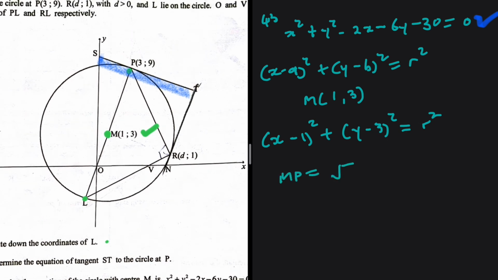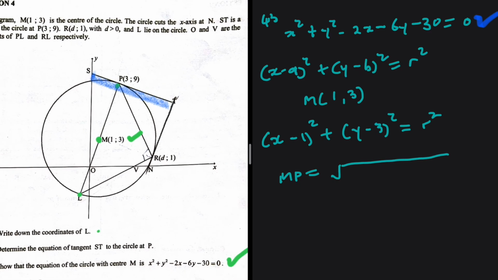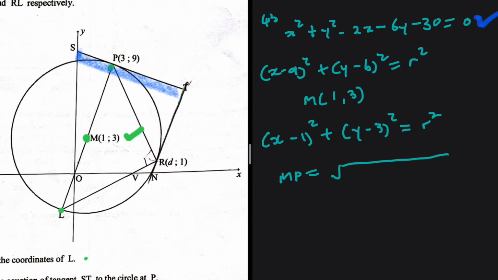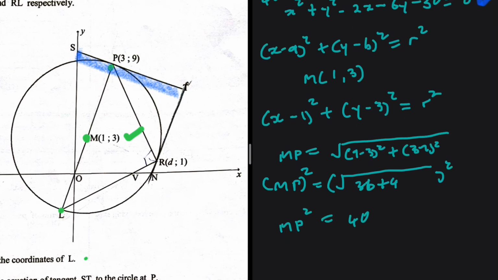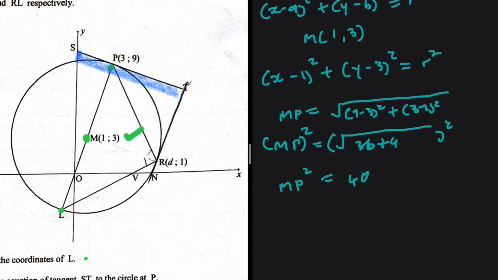And then this is y2 minus y1 squared plus x2 minus x1 squared. So we're going to have 9 minus 3 squared plus 3 minus 1 squared. So MP equals the square root of 9 minus 3, that's 6, so we have 36 plus 4, right? So let's square both sides because we are looking for the radius squared either way. So MP squared equals 40. Okay, so we know that radius squared is 40, right?